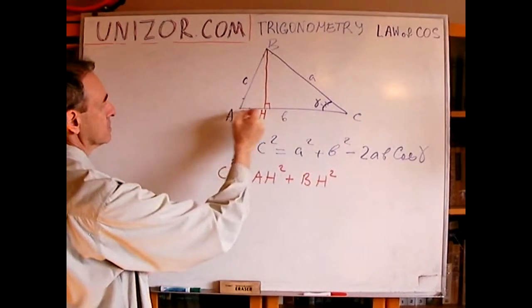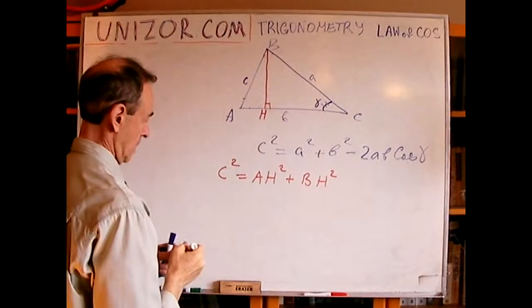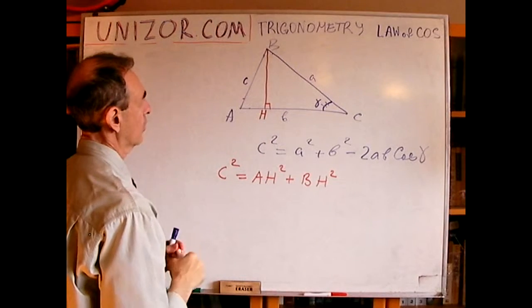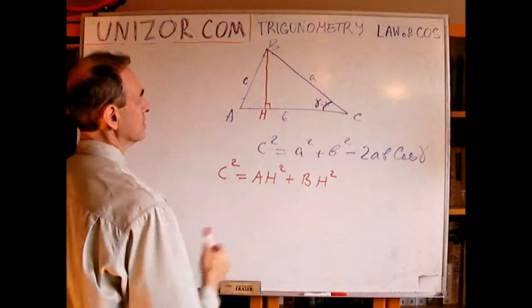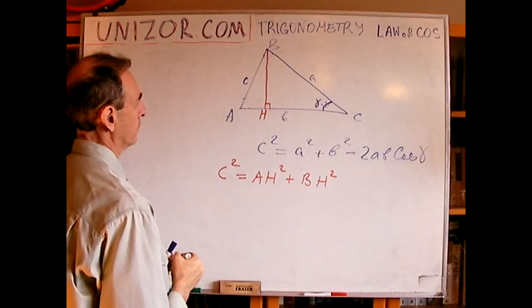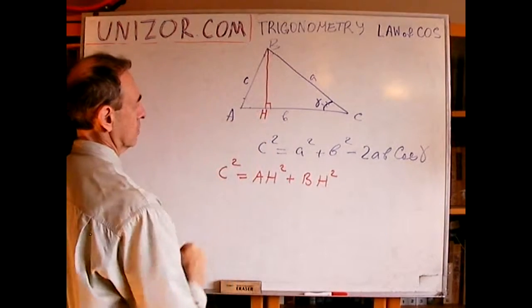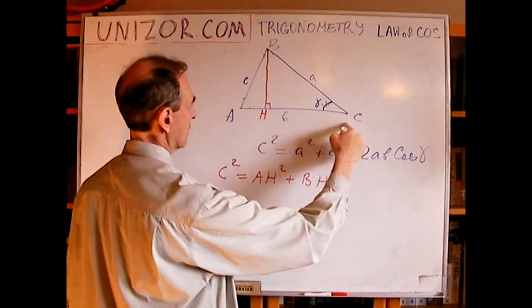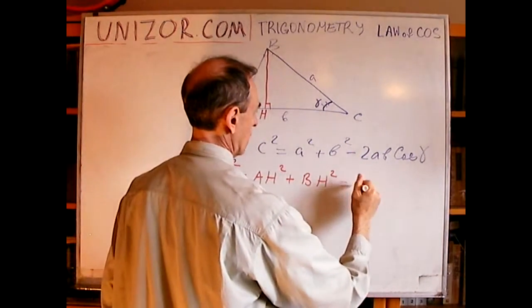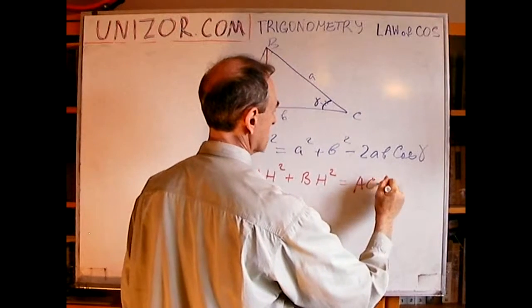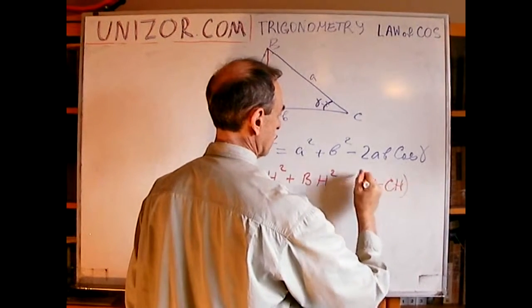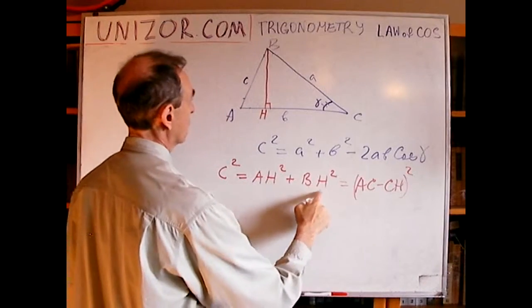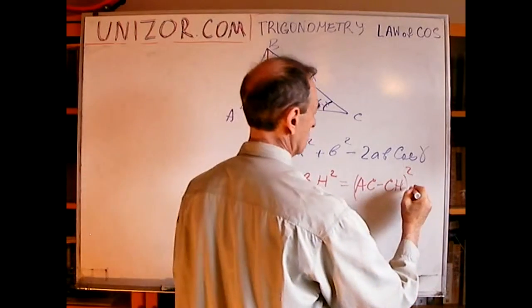This is the hypotenuse, these are the two catheti. Now, what do we know about each of these? Well, AH we can always replace with AC minus CH, so (AC minus CH) squared. BH we will leave as is.